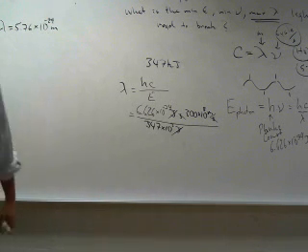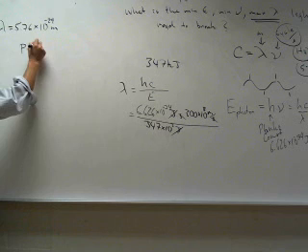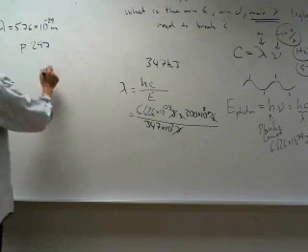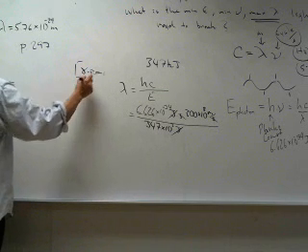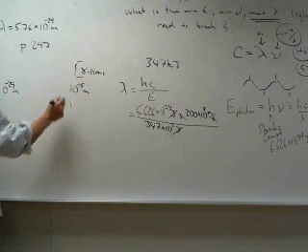Okay. Then I look at the electromagnetic spectrum on page 297. Page 297, and I see 10 to the minus 29 meters. 29 meters is deep into the, wow. Gamma rays end at about 10 to the minus 15 meters.